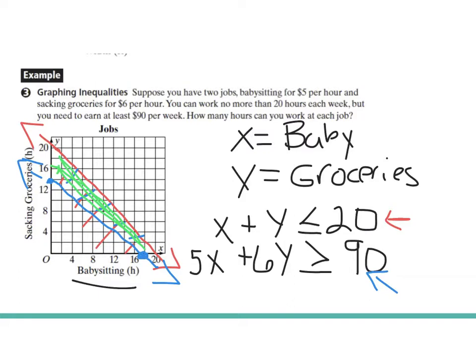That would give us more than $90. We could use any point in there. So that is 8 hours babysitting and 10 hours sacking groceries. If you think about that situation, that's going to keep us under the 20 hours that we're allowed and also give us more than $90.